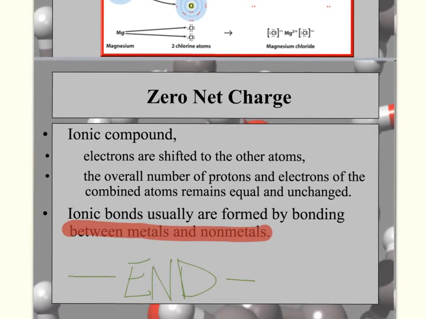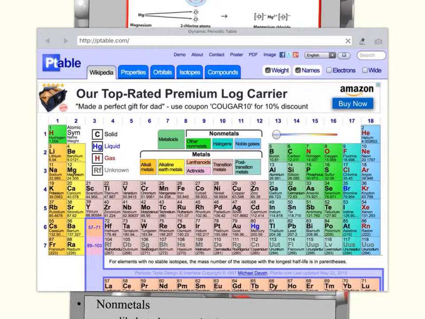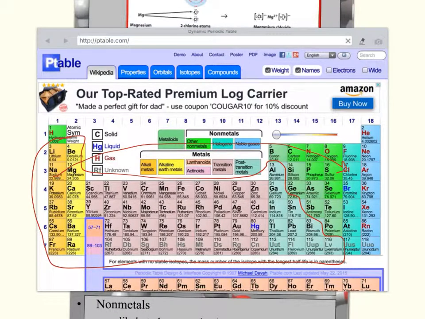All your nonmetals are here. I just pulled up a periodic table. All your metals are here. These are all our metals, our alkaline earth metals. So if we're bonding from one side of the periodic table to the other, find the 2 elements that are involved, and it's going to be an ionic bond because it's a metal bonding with a nonmetal.